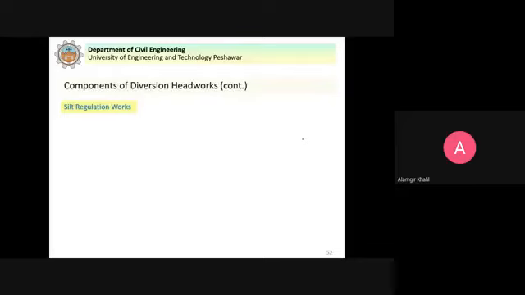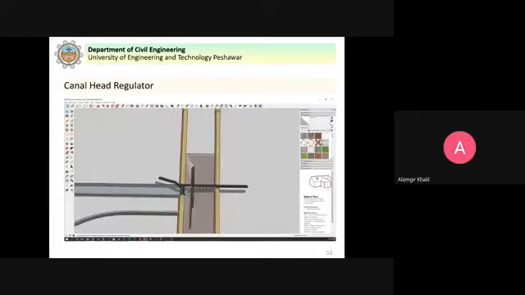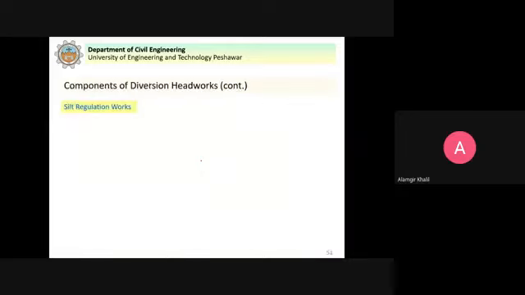Because the main function is to deal with the silt carried by the water in the lower layers. So the silted water will enter into the tunnels, and the silt-free or relatively less silted water will be allowed to enter into the canal through the head regulator.